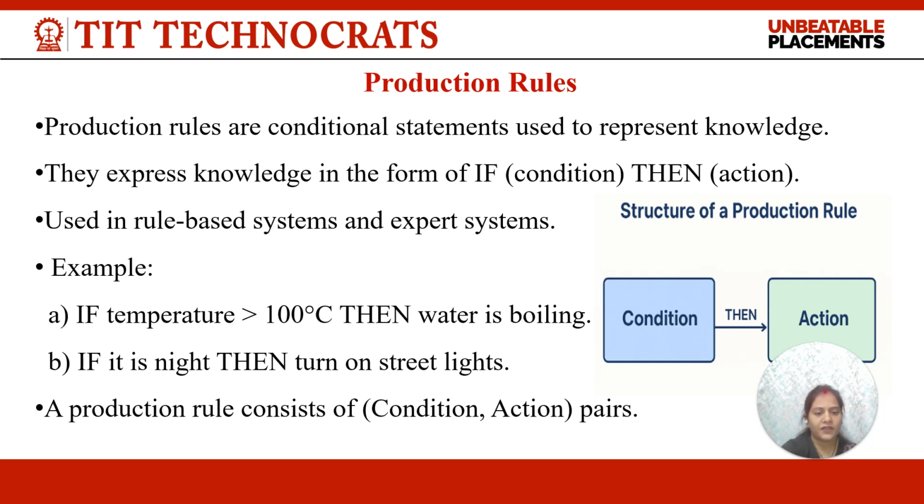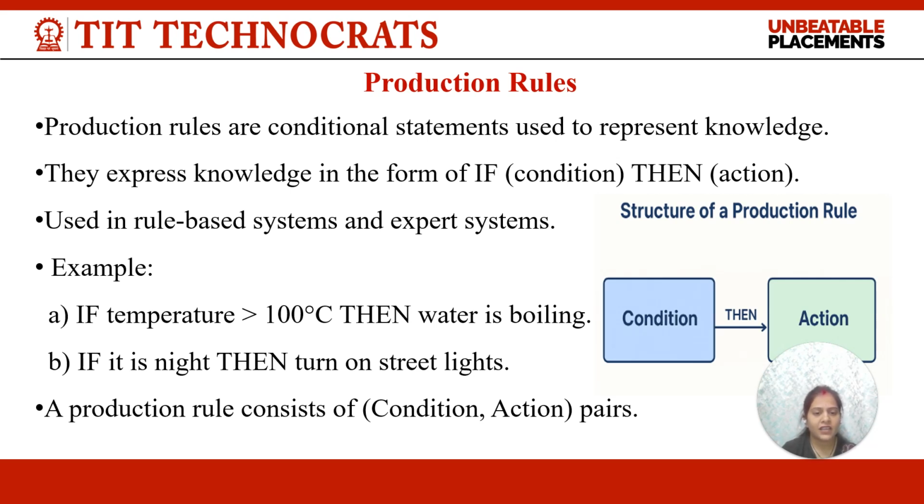For example, if temperature is greater than 100 degrees centigrade, then water is boiling. Next is if it is night, then turn on street lights. Each production rule is made up of a condition action pair. That means when a condition is satisfied, the system performs the corresponding action.